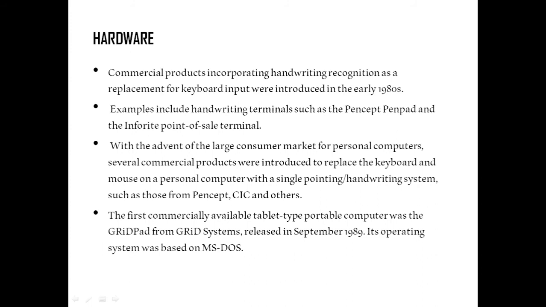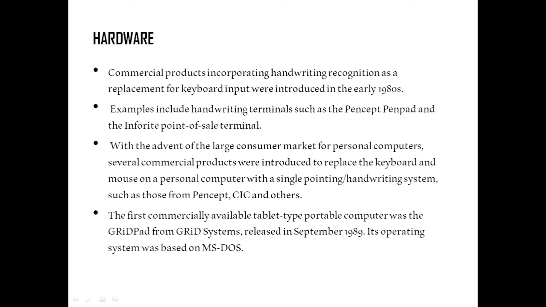Commercial products incorporating handwriting recognition as a replacement for keyboard input were introduced in the early 1980s. Examples include handwriting terminals such as the Pencept Penpad and the Inforite point-of-sale terminal.